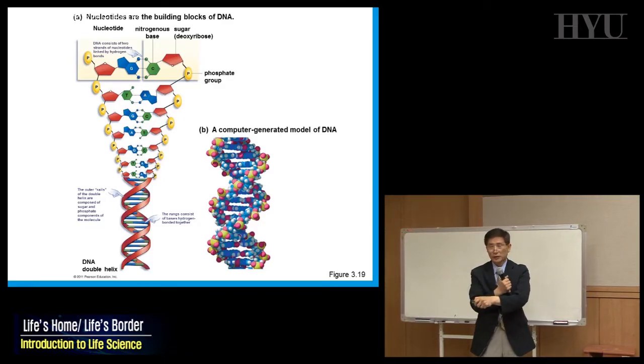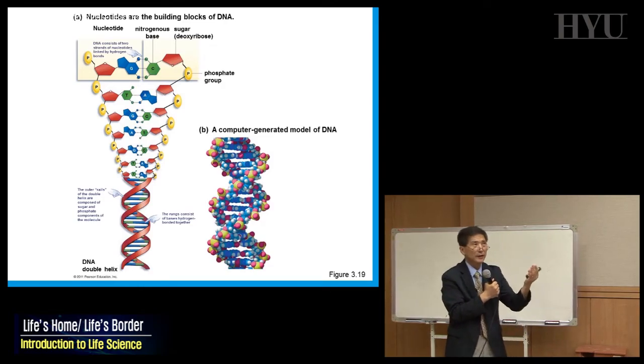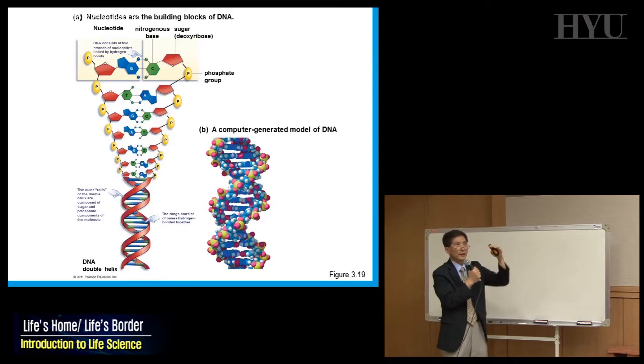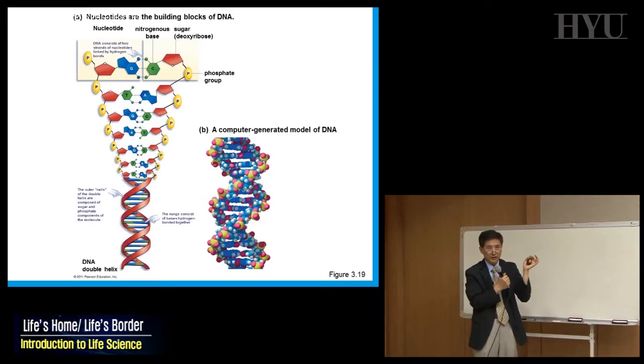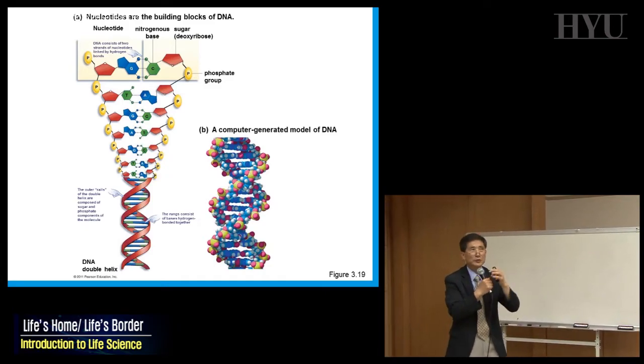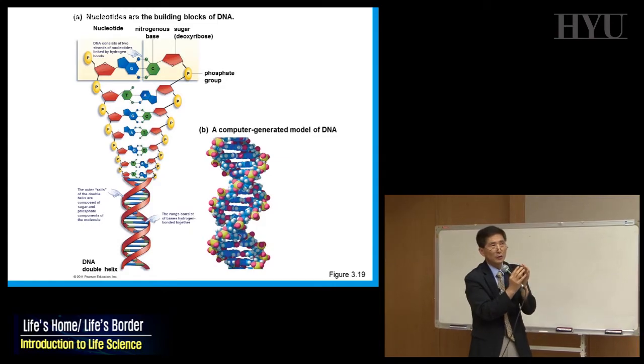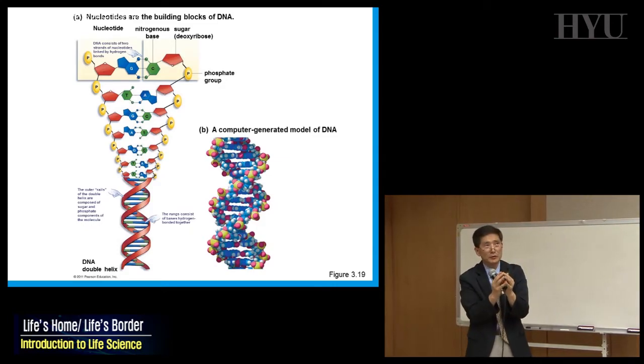DNA usually forms this double helix structure. RNA has a more flexible structure, okay? DNA is more stable. So most living organisms store their genetic information in the more stable structure, which is DNA.